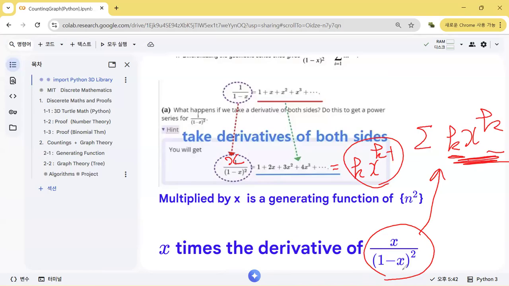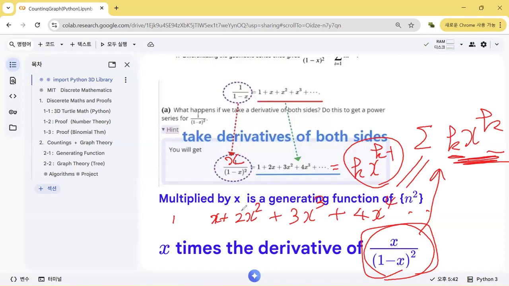now we had 1 plus x plus 2x squared plus 3x cubed and 4x^4. So this is the generating function for 1, 2, 3, 4, 5.